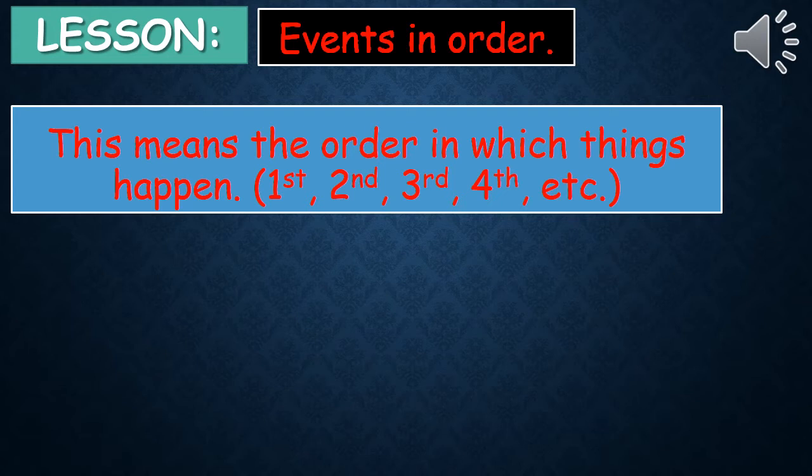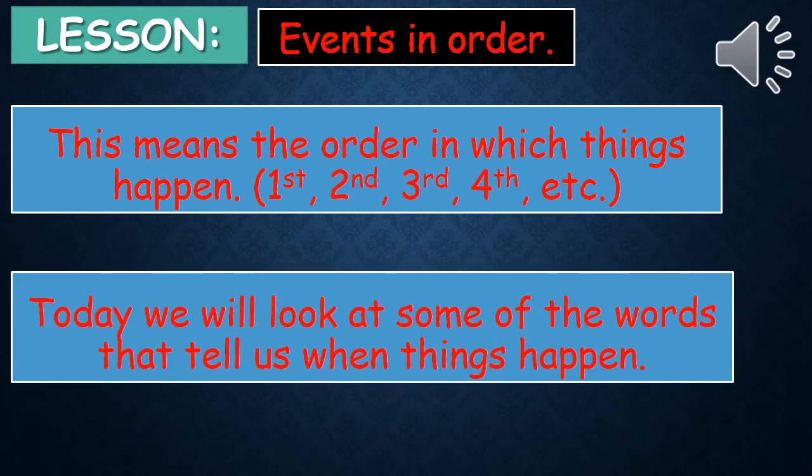It has to be in the correct order, boys and girls. But we don't always want to use first, second, and third in English. There's other ways to do it. Let's see. Today, we will look at some of the words that tell us when things happen. Remember, it's all about time, first, second, third, and so on. Let's see, what do we have?